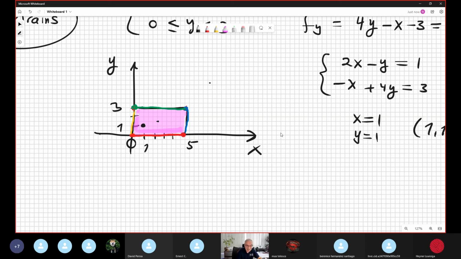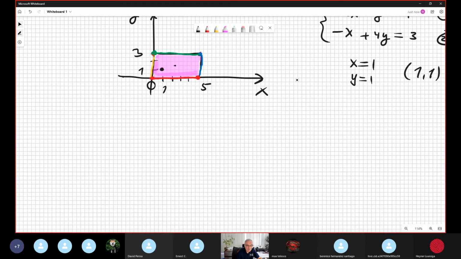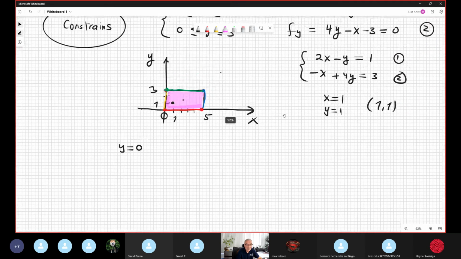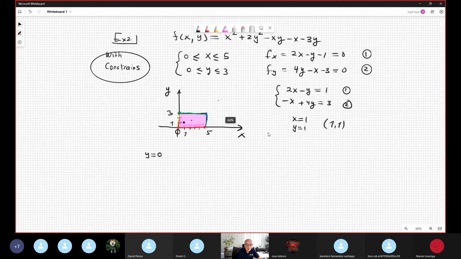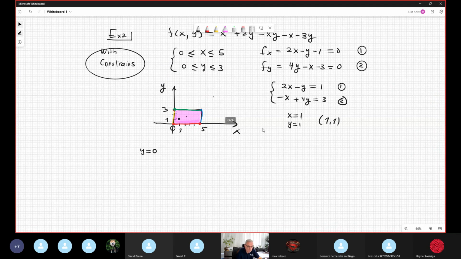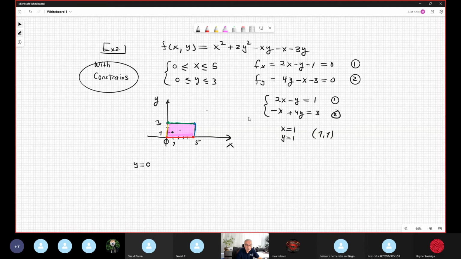Suppose I travel along the trajectory in red color, which is on the x-axis. Therefore, on the x-axis, y is 0. I plug into the original function with y equals 0, you have the function evaluated at (x, 0).